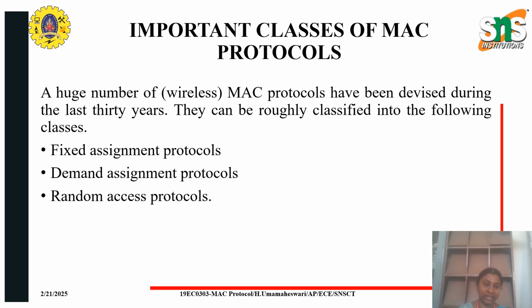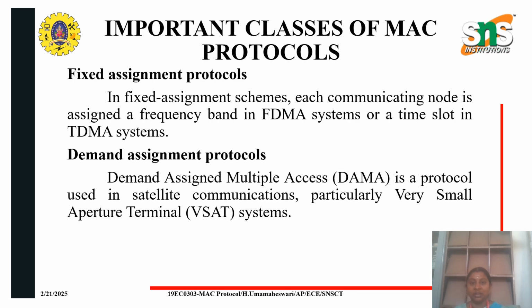They can be roughly classified into the following classes: fixed assignment protocols, demand assignment protocols, and random access protocols. In fixed assignment protocols, each communicating node is assigned a frequency band in FDMA systems or a time slot in TDMA systems.